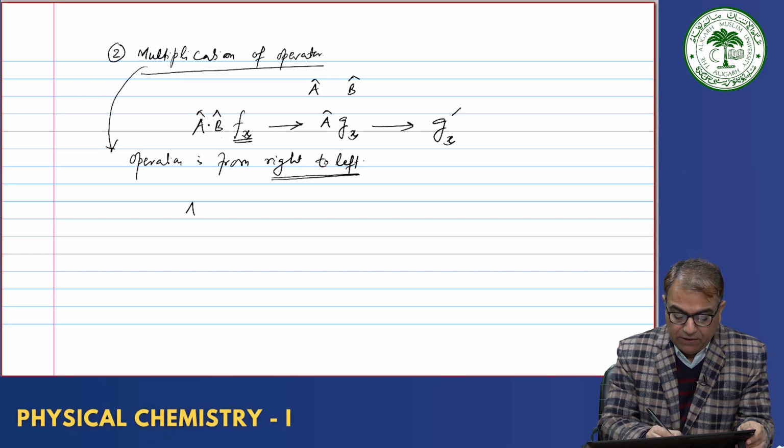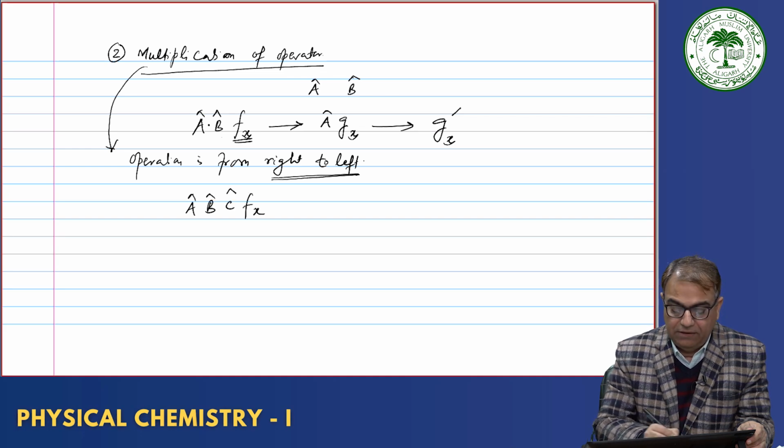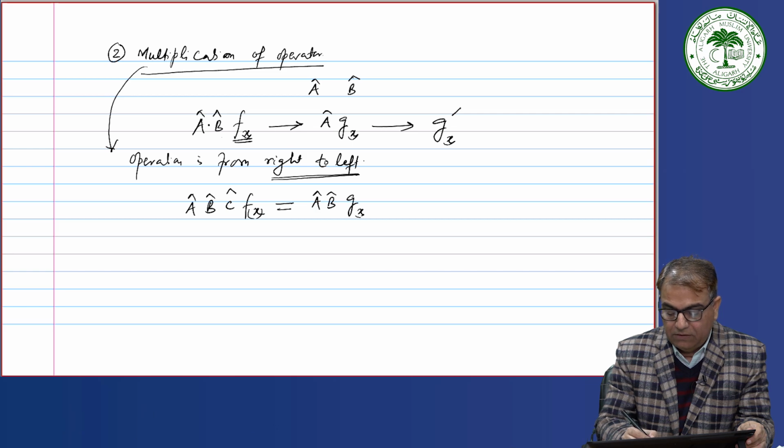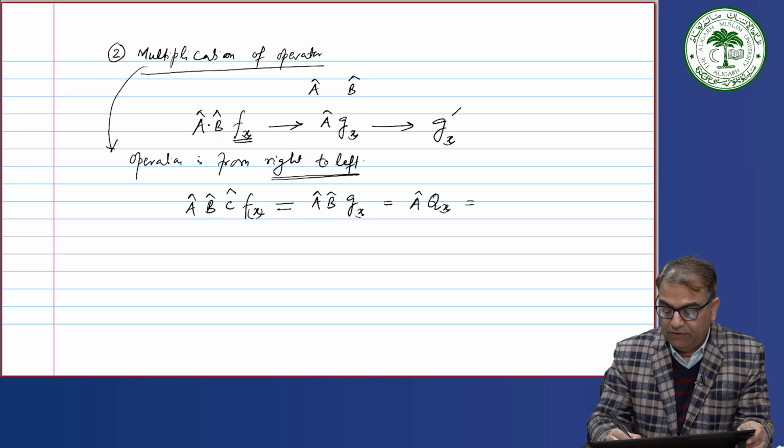So if you have A, B and C, three operators, and you operate on a function, then it will be sequential. Then you have Q(x) and then you have Q'(x).